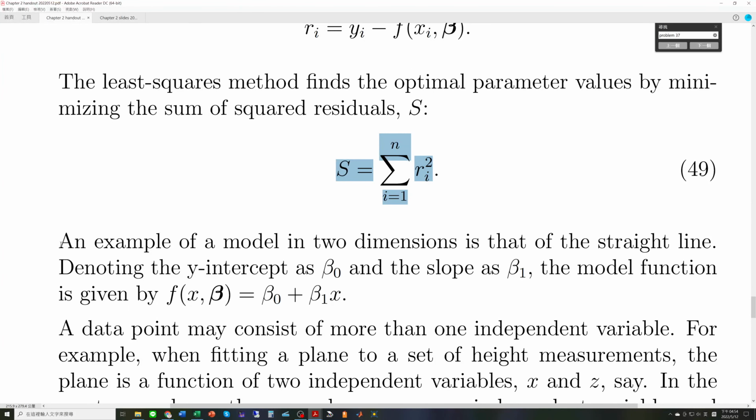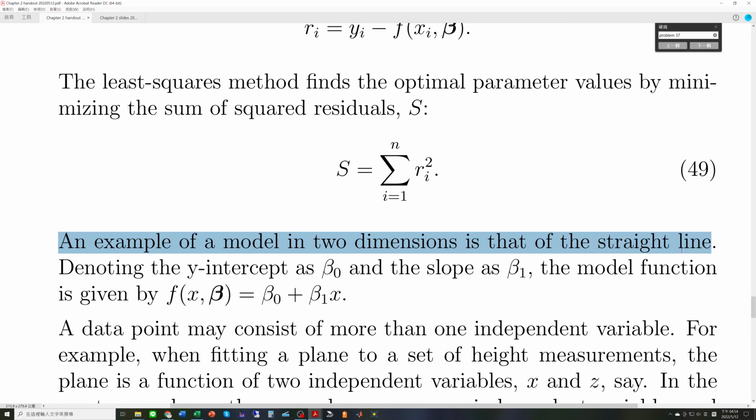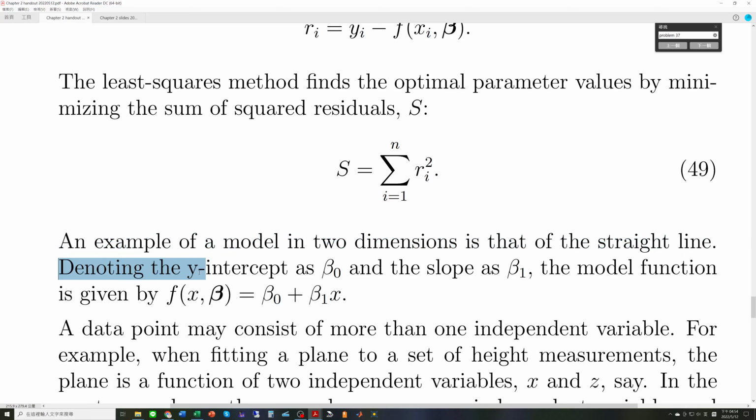An example of a model in 2 dimensions is that of the straight line. Denoting the y-intercept as beta 0 and the slope as beta 1, the model function is given by f of x, beta is equal to beta 0 plus beta 1 times x.